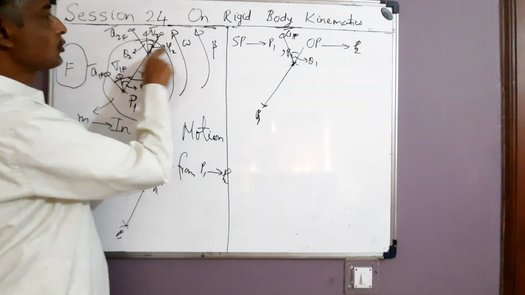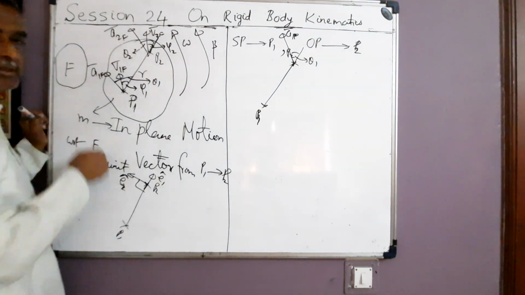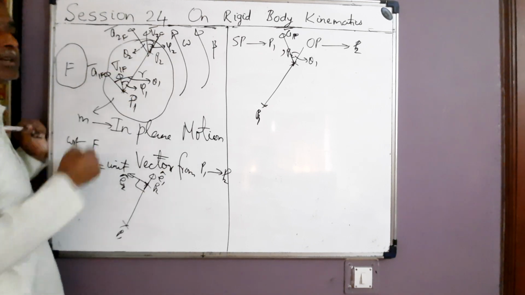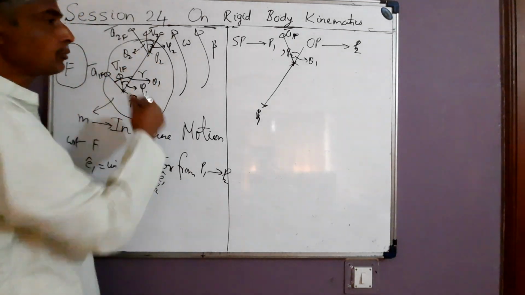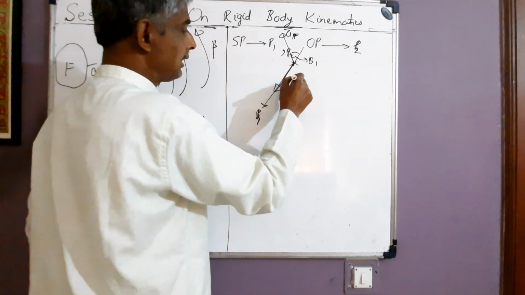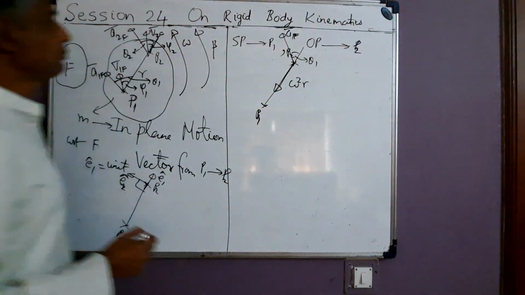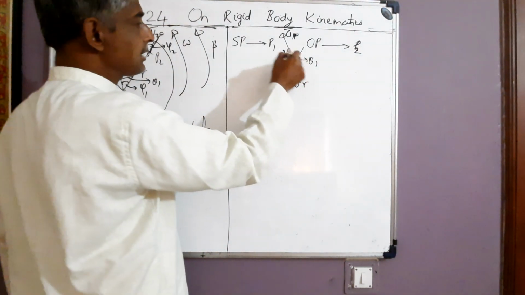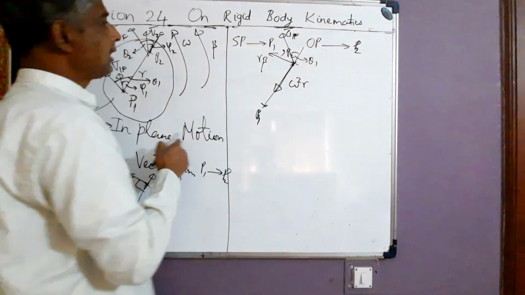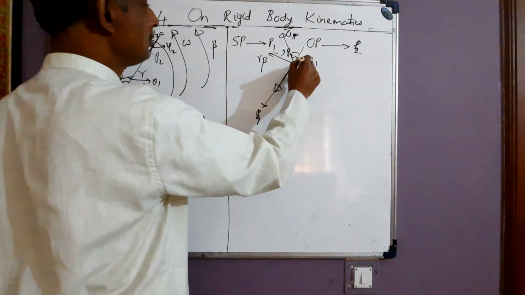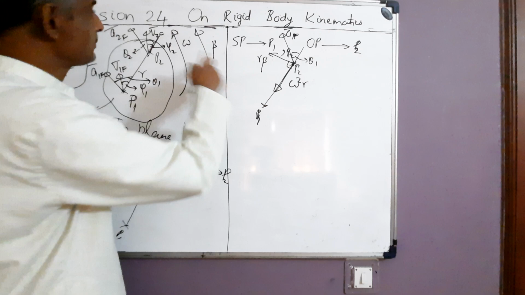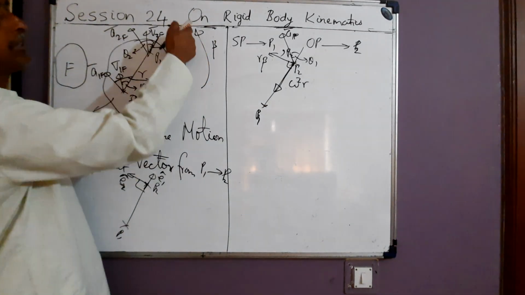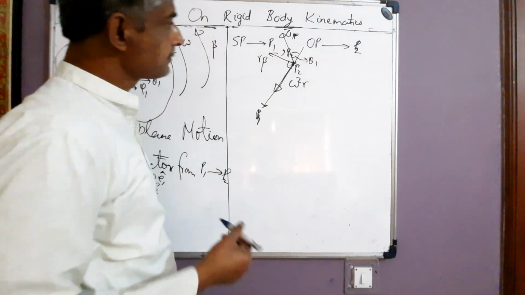I write down the sentence: omega is anti-clockwise, so P2 moves in a circle with P1 as center and radius R. So I give two accelerations to P2: an acceleration omega square R directed towards selected point P1, and an acceleration R beta normal to line P1 P2 corresponding to the sense of beta. Beta is like this, anti-clockwise, so R beta should be in this sense.